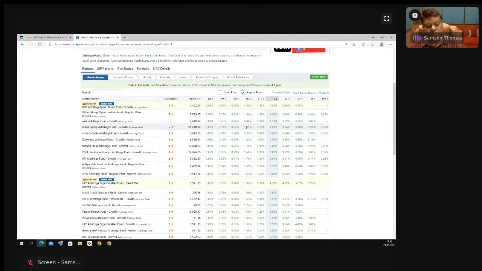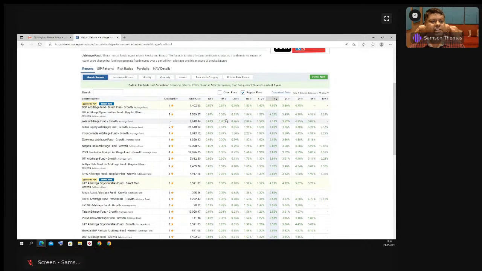So these are the type of funds that you can use to park your money for some time. Let's say you are in an extremely volatile market and you want to reduce your exposure to equity and reduce your portfolio volatility and park your fund somewhere, so that it doesn't lose value. These are some of the things that you can take on.